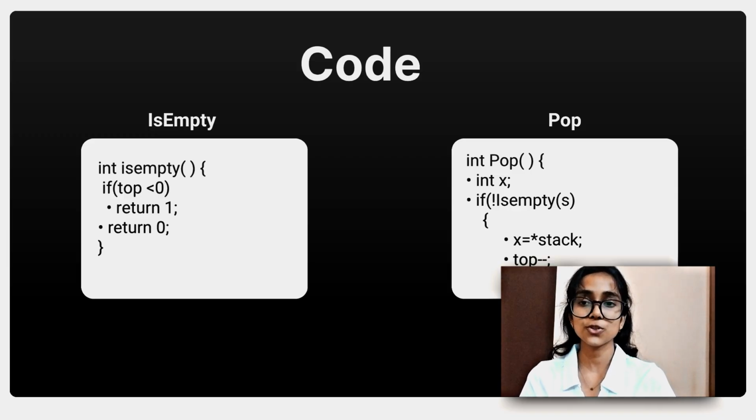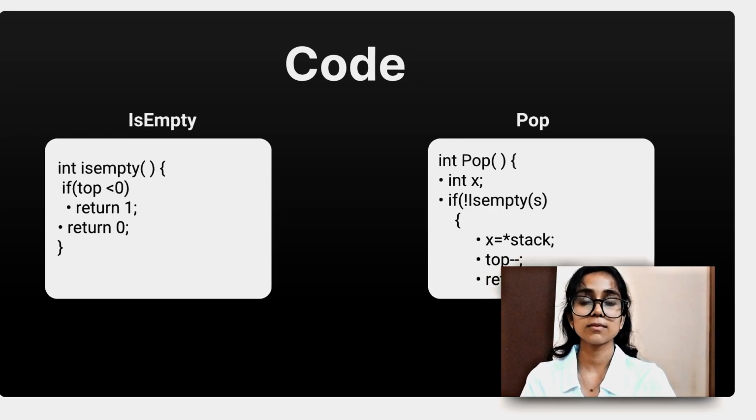If the condition is true, it implies that the stack is empty, leading to the condition stack underflow. To pop the element, first we check if the stack is empty. If the condition is true, then it leads to the condition of stack underflow. Else, we first pop the element and then decrement the value of top by 1.